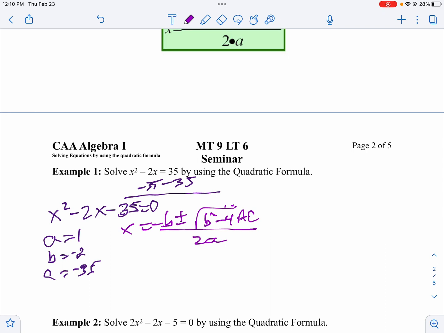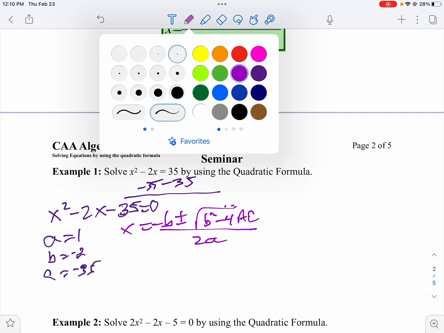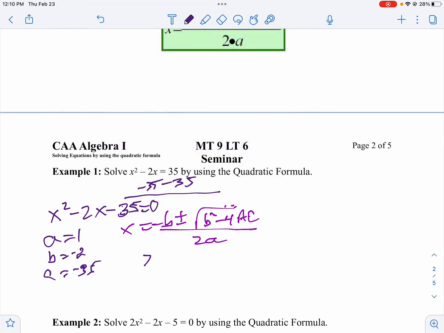Since b is negative 2, the opposite of negative 2 would be a positive 2. So we're going to go 2 plus or minus the square root of 2 squared minus 4 times a, which is 1, times c, which is negative 35. All over, notice it's not just over part of it, it's all over 2 times a, which is 1.